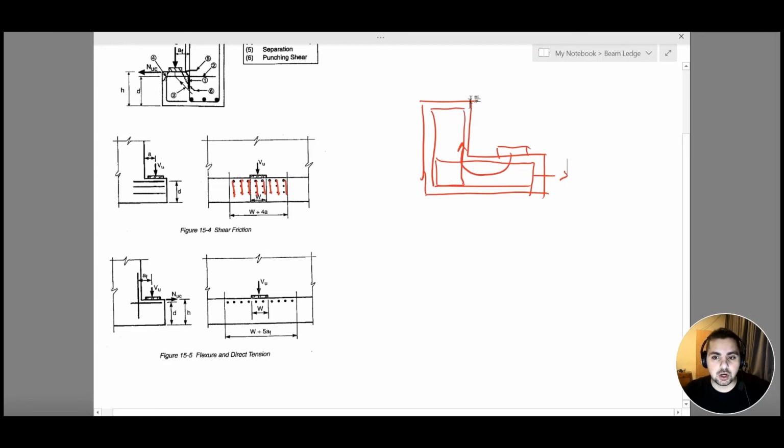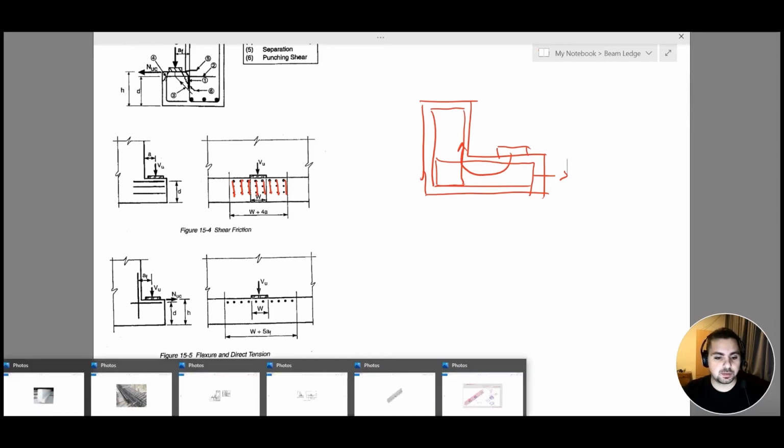So when we are designing for this leg specifically, we need to make sure, because this is a critical leg that is also resisting a combined effect of shear that is applied along this plane and tension.